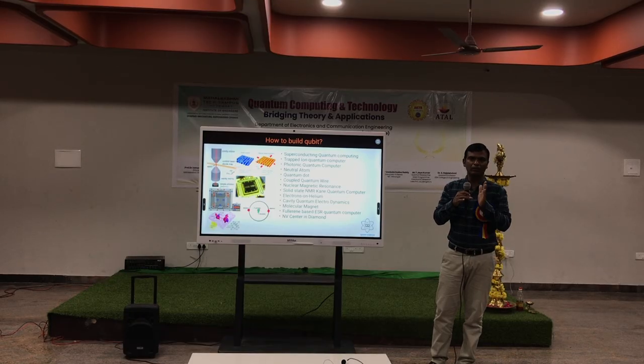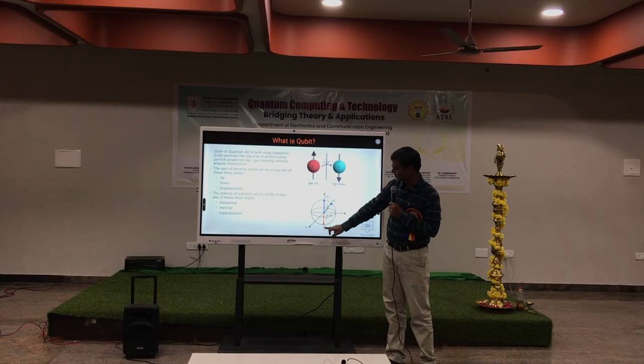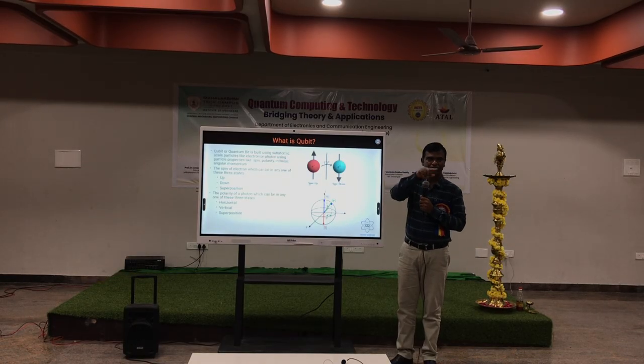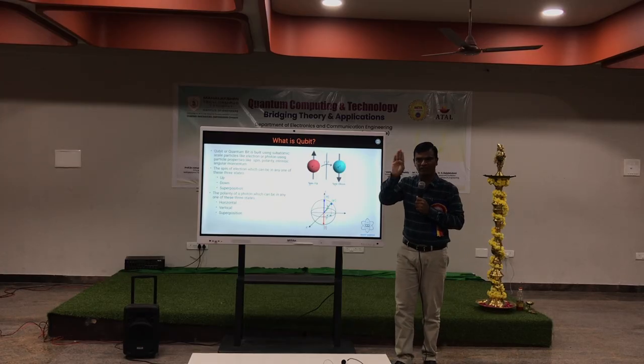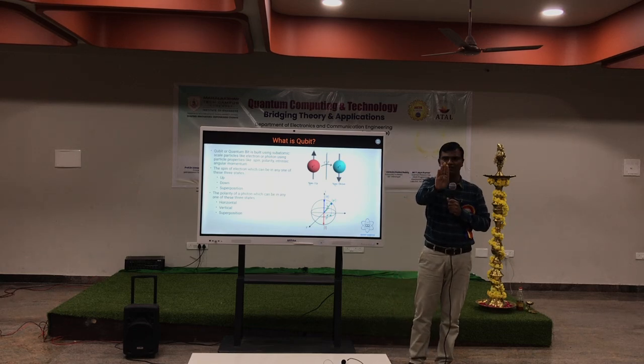But here it is in the form of column vectors. Similarly, ket 1. In normal classical computing 0 will be there, but here it will be in the form of vectors. Keep in mind the state will be a vector, and the manipulations you are doing will be matrices.